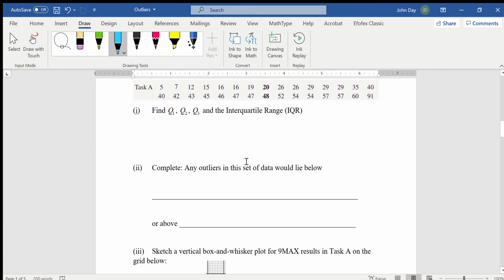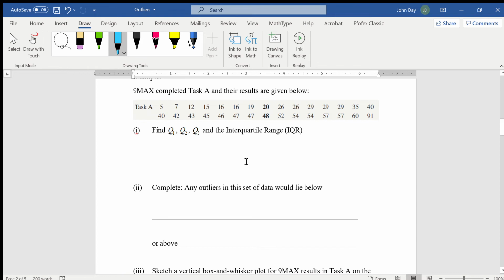So let's have a look at this example here where 9max completed this task, and here's the results they got. First thing we're going to do is find the five-number summary, all right? So we know that the minimum score is 5 and the maximum score is 91.